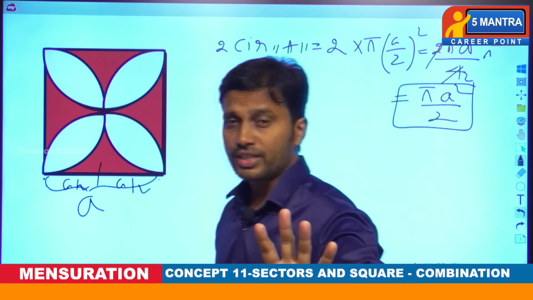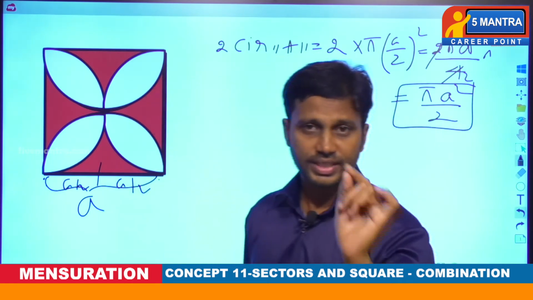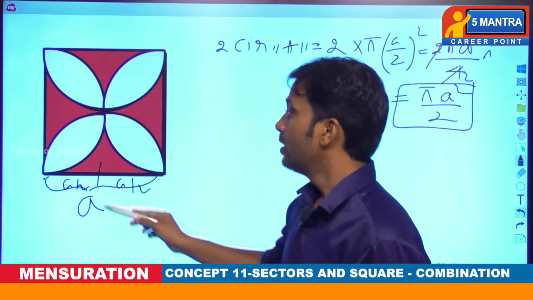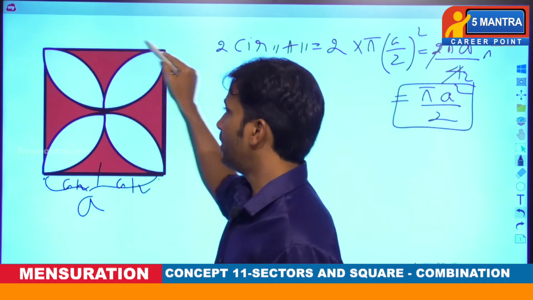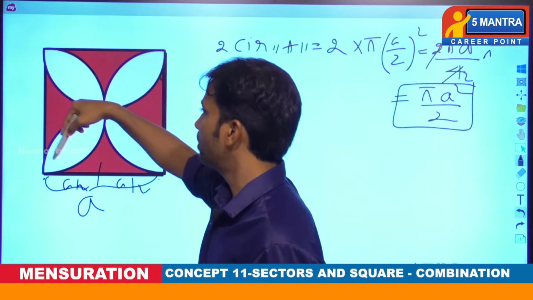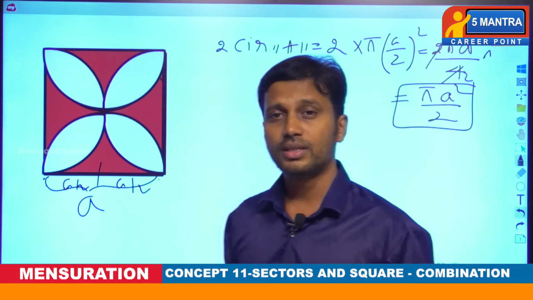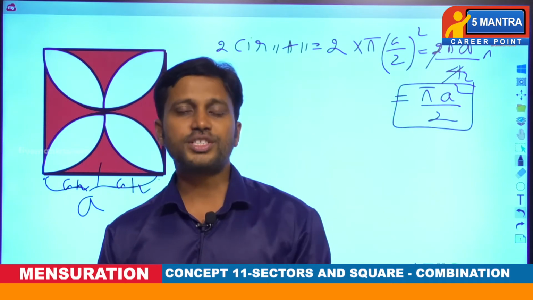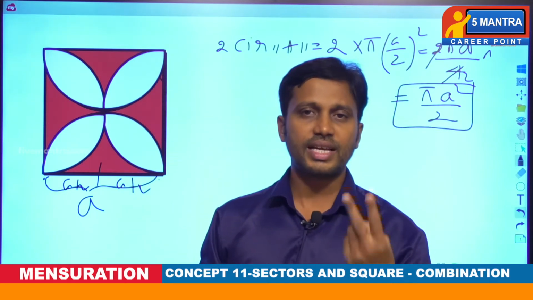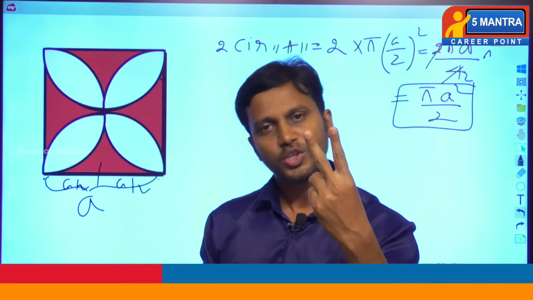Why I took two circles, I'll explain once again. Please look at this. Here this is one semicircle, and this is one semicircle, and this is one semicircle, and this is one semicircle, which means four semicircles. If you attach every two semicircles, it becomes one circle. So instead of considering four semicircles, I considered them as two full circles.